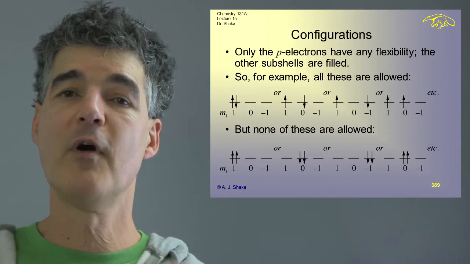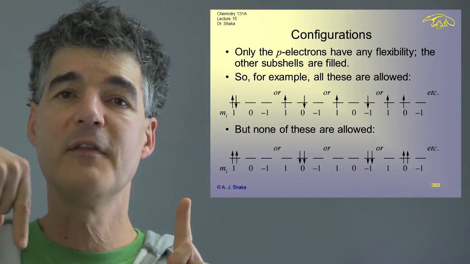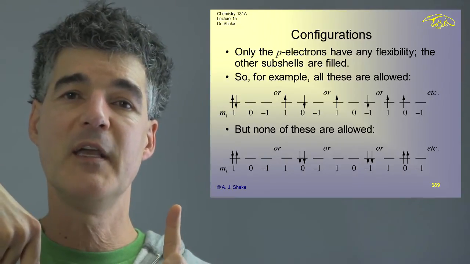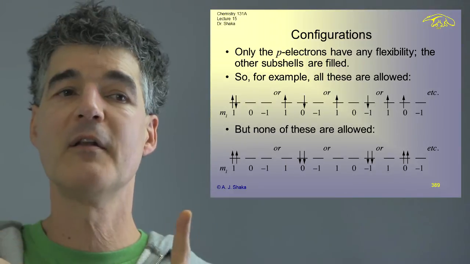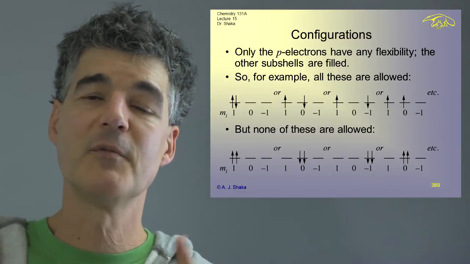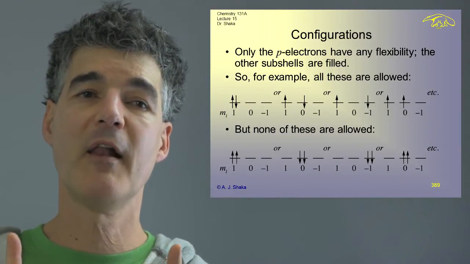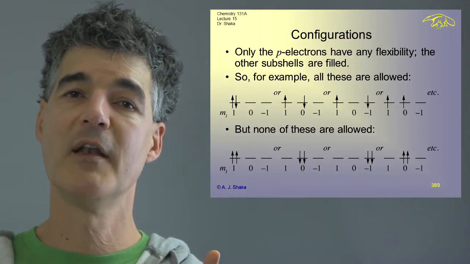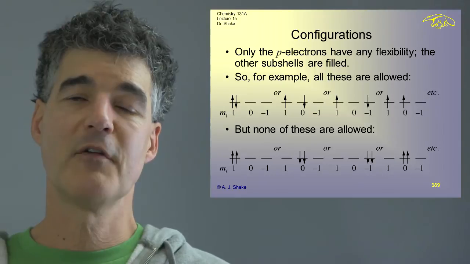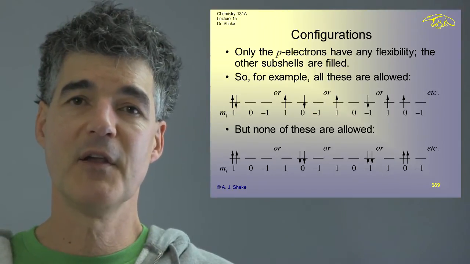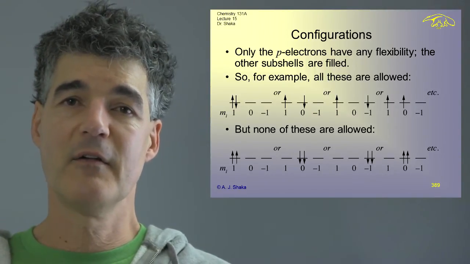Or we could have 1 in the +1 orbital and 1 in the 0, and they could be also paired, 1 up, 1 down, and we could have 1 in +1 and 1 in the -1, and we could have them parallel as well. All those possible configurations of the electrons in the p orbital shells are okay.